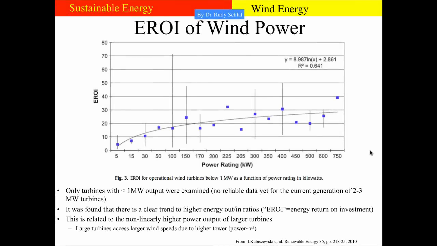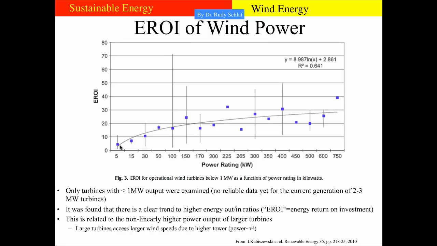This graph is from the same study. It plots the energy return on investment depending on the power rating of wind turbines. So each of these data points comes from one of those studies that were investigated. On the left side we have small wind turbines, and on the right side we have larger wind turbines.